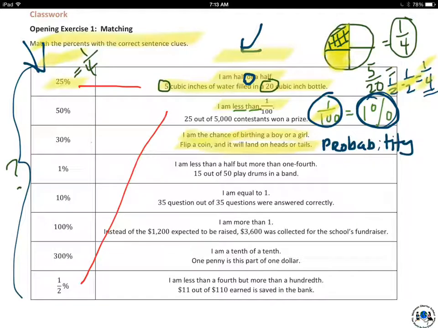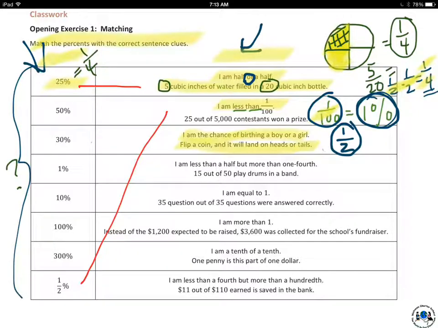And that is always, every single time that you flip that coin, going to be 1 out of 2. And that does not mean that you're going to get heads every other time. It just means the chance or the probability is always 1 out of 2.